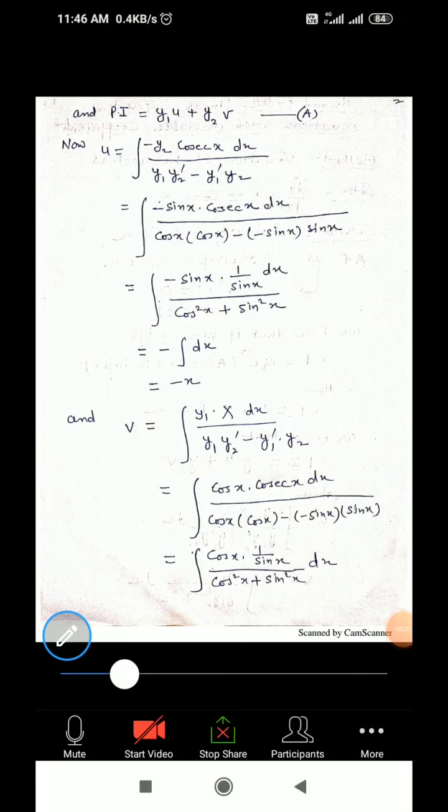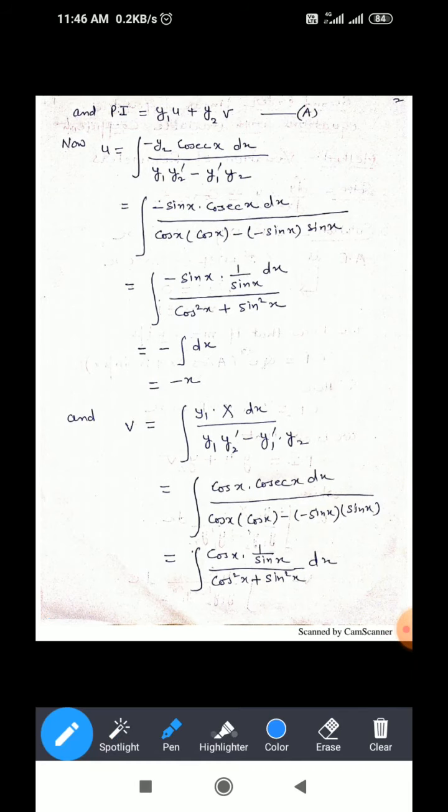When we put the values, u is equal to integration of minus sin x into cosec x dx upon cos x into cos x minus sin x into minus sin x.